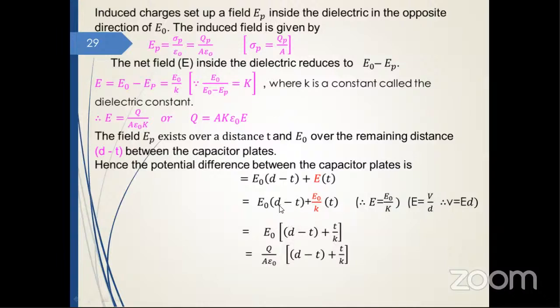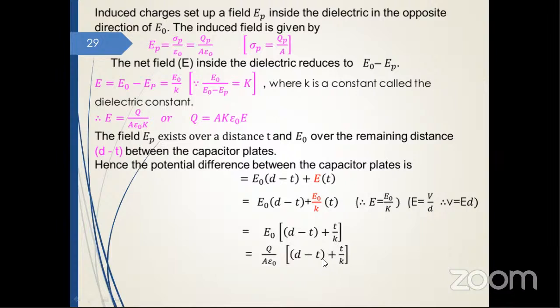Therefore, E naught into D minus T plus T divided by K. Again, what is this E naught? This is nothing but Q divided by A epsilon naught. And so finally we got the equation for the potential difference between the capacitor plates.